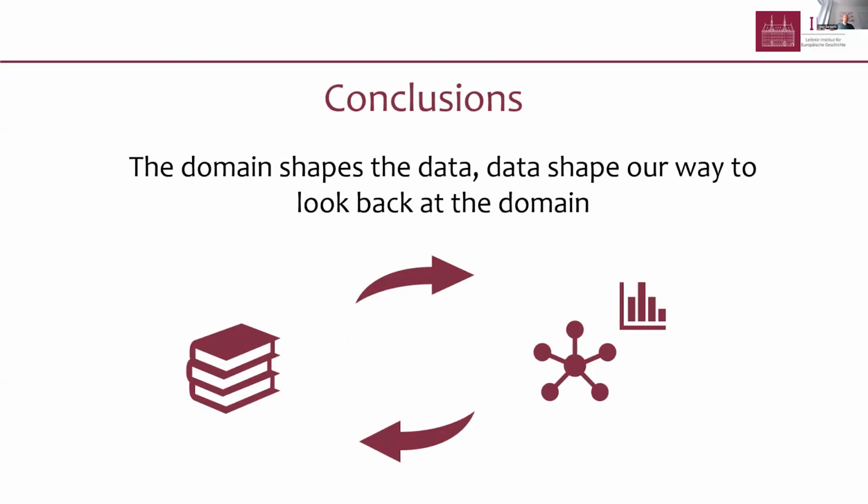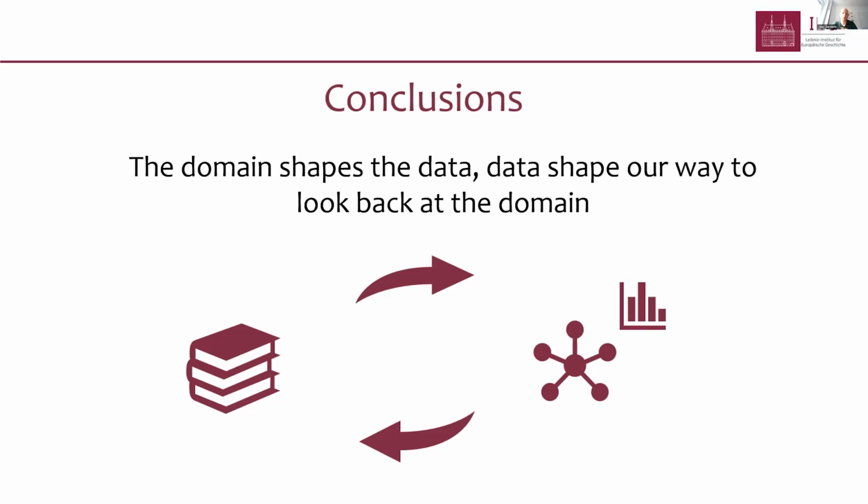Right. So before heading over to the more interactive part of today's session, just some final conclusions. As was already said, there's a constant feedback loop between the discipline in which we work and the data that we use.